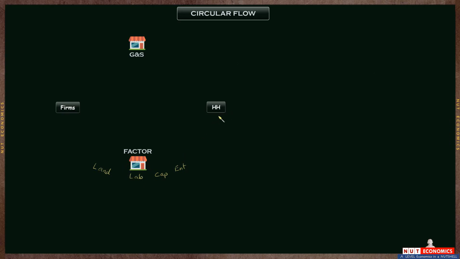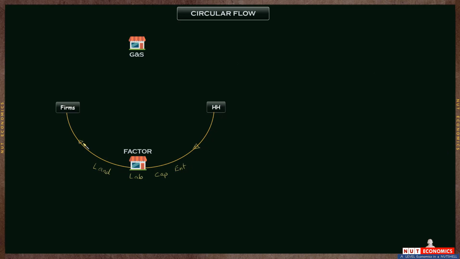Out of all of these four sectors, we assume only households own all of these resources, and these households bring these resources to this factor market to sell them, and from here the firms buy these resources. And that actually gives you the first semicircle, or the lower half of your circular flow. Resources owned by the households move in a clockwise direction through the factor markets to the firms.